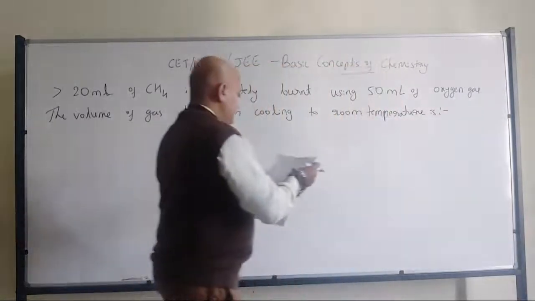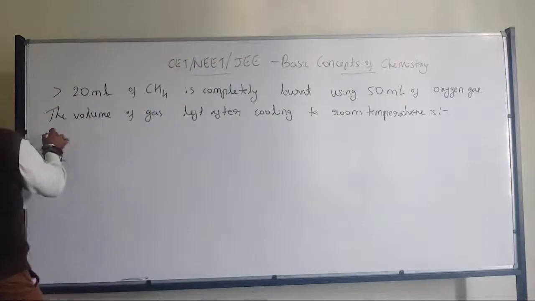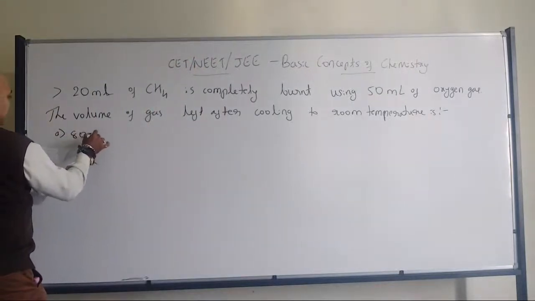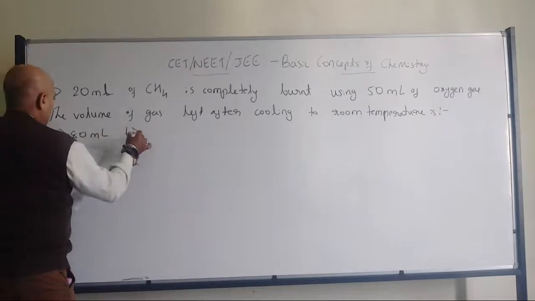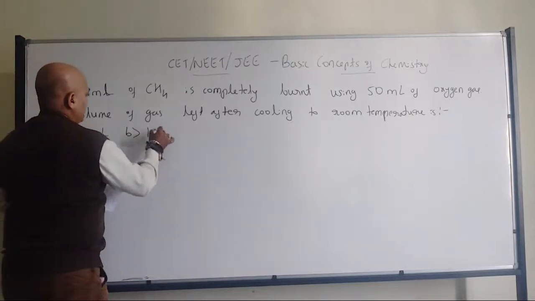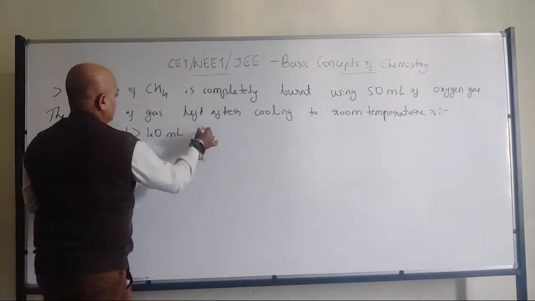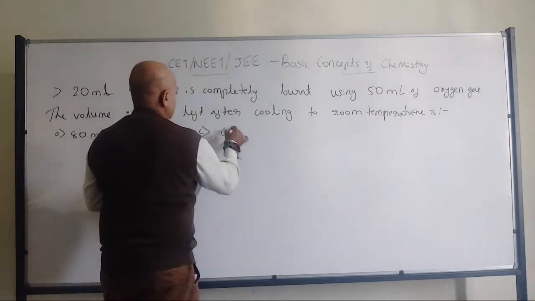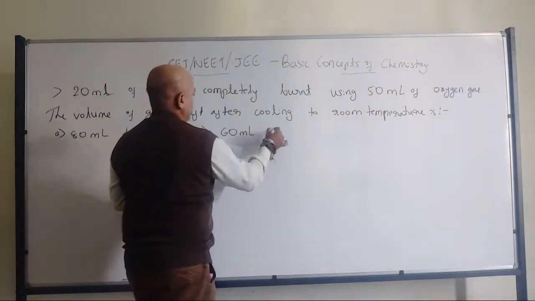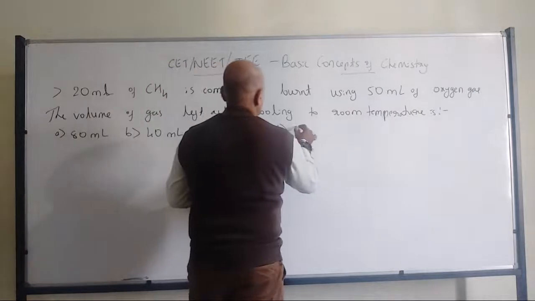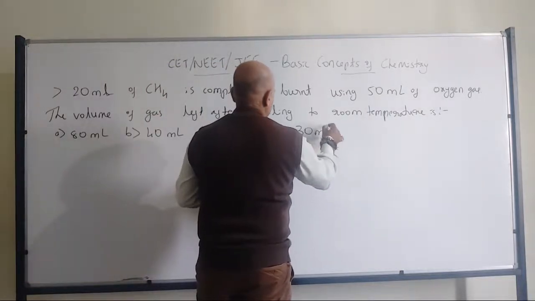Okay. So now, this was I think from a CET question. Option A is 80 ml, option B 40 ml, option C 60 ml, option D 30 ml.